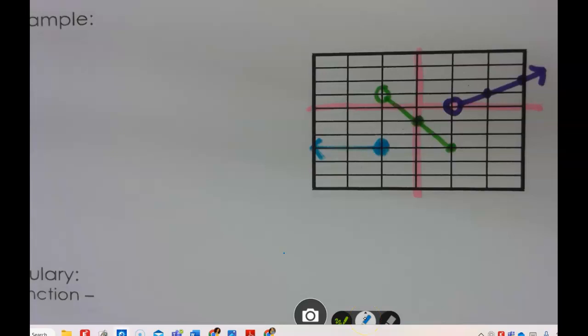So the first inequality is the blue graph right here. It is horizontal. It starts at x equals -1, so your x value is going to be less than -1. Because it is closed, my x is also equal to.